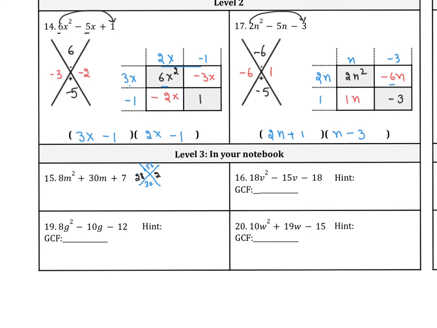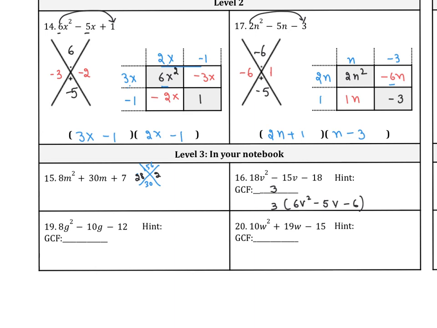For number 16, the first thing is to take the GCF out. The GCF for this one is going to be 3, and if you take the 3 out, inside you get 6b squared minus 5b minus 6. Then you're going to make a cross and a box on this expression that you got inside.